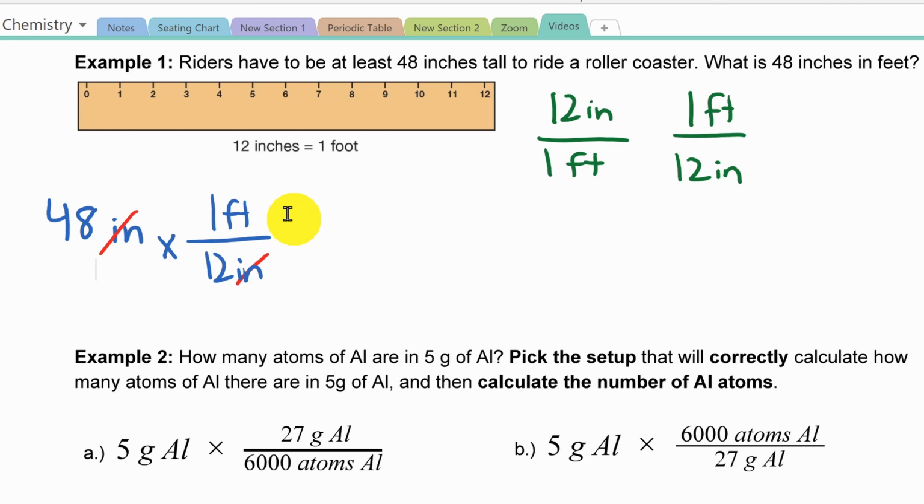The last thing we need to do is to actually calculate the value in feet. A simple way is to multiply everything across the top, then divide by everything across the bottom. In the calculator, we will input this as 48 times 1 divided by 12, which should result in 4 feet as the answer.